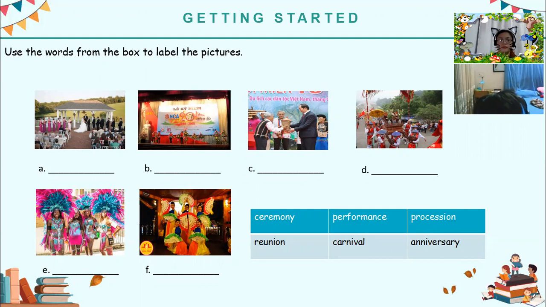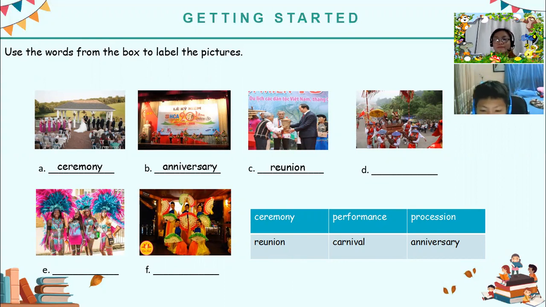One is ceremony. Wow, it's a wedding. Two is carnival, letter B. Wow, it's an anniversary. Number three, C, reunion.